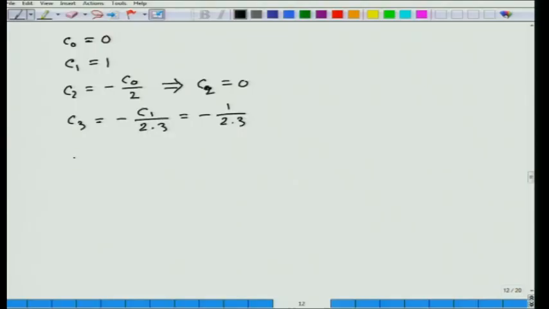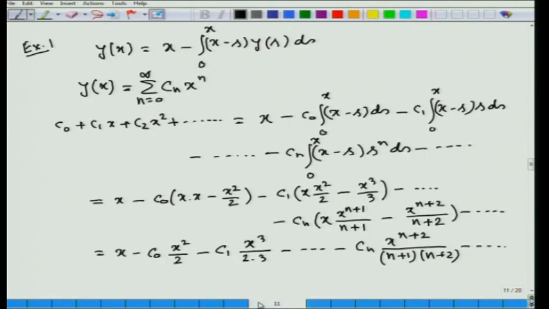On the left hand side the coefficient of x to the power n plus 2 is actually C n plus 2, and here we have already observed that the coefficient of x to the power n plus 2 on the right hand side is minus C n divided by n plus 1 whole multiplied by n plus 2.